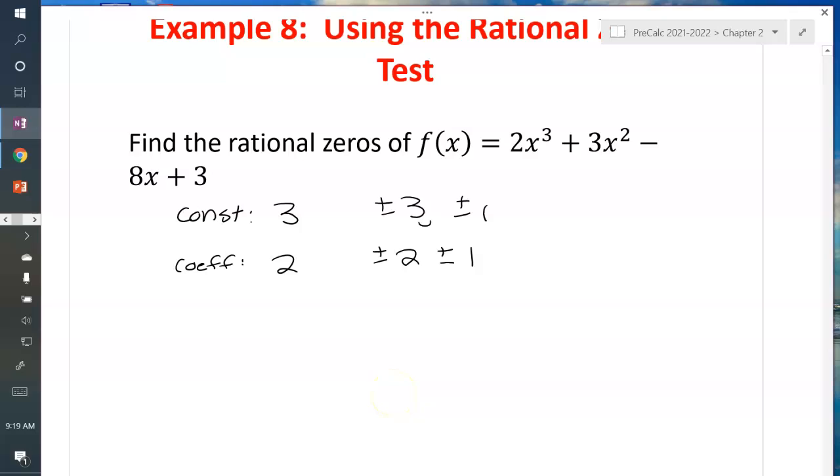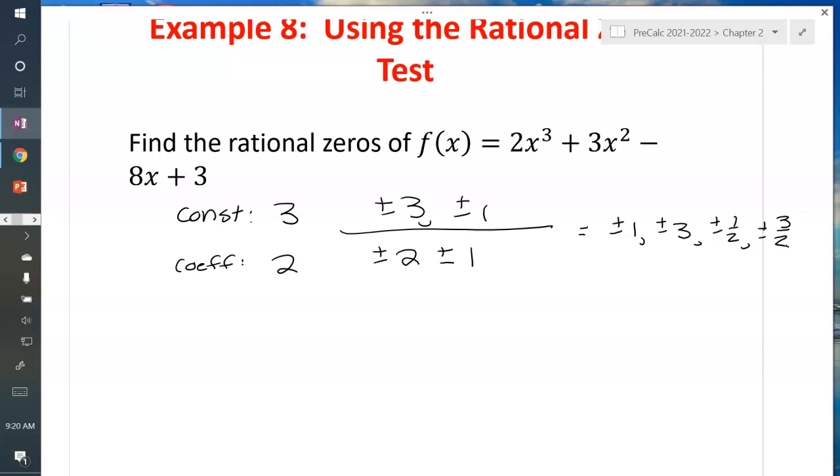So remember, put the factors of your constant over the factors of your leading coefficient. I just went ahead and put in a fraction bar. And that means my possible rational zeros are going to be plus and minus 1, plus and minus 3, plus and minus 1/2, and plus and minus 3/2. So that gives me a list of 8 possible rational zeros.